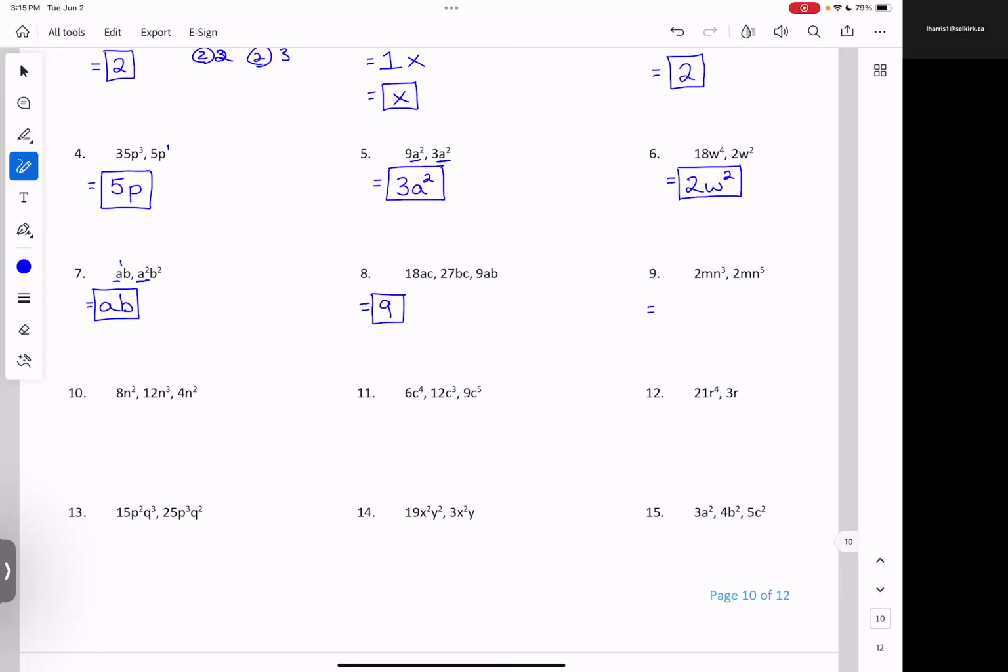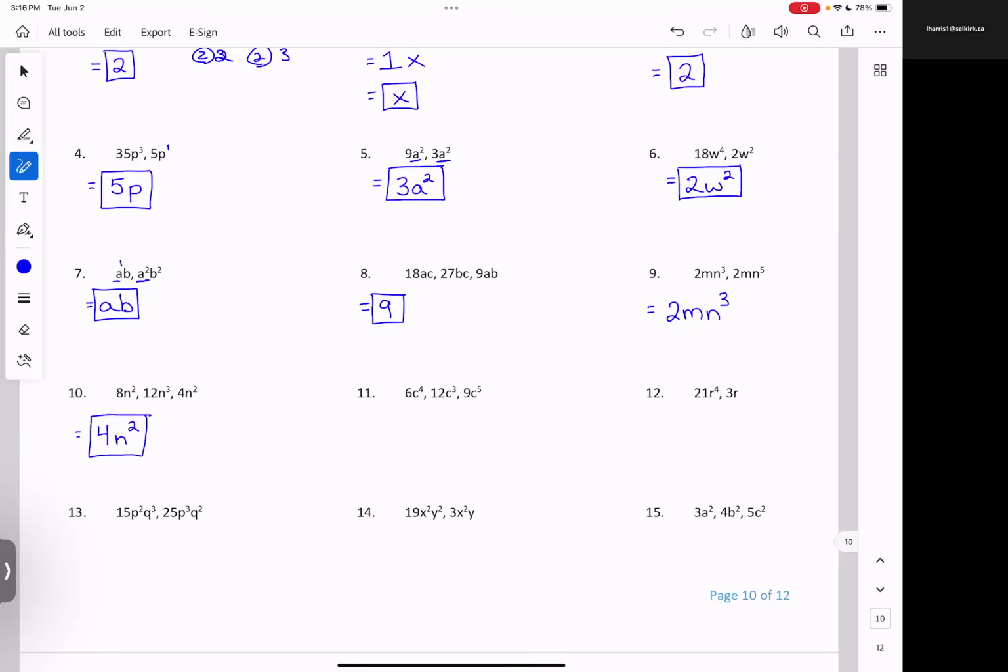Okay, number 9, we have a 2 in common to both. We have a single m in common to both. And then we've got an n cubed in our first term and an n to the 5 in our second. So common to both of those is n cubed. Okay, number 10, our number is going to be a 4 here. And then the highest exponent common to each of those terms is a 2.